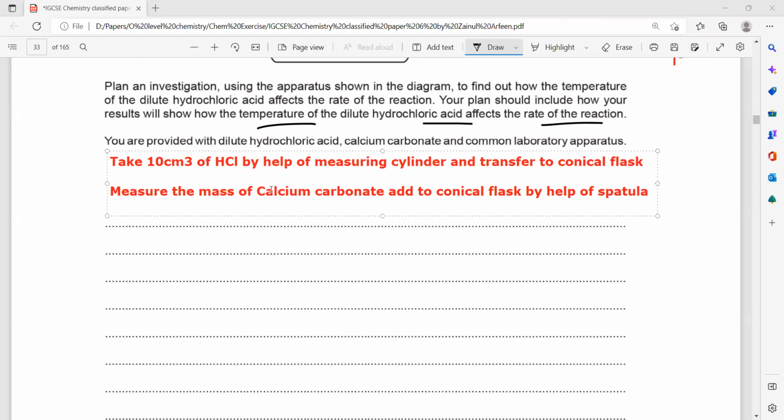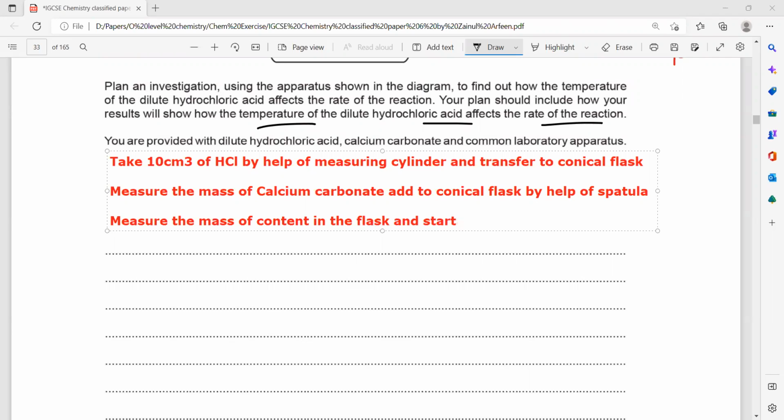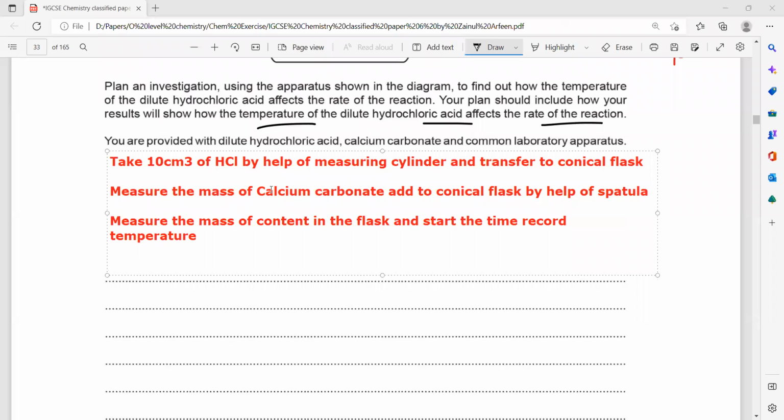So using a spatula, we can transfer the solid, then we measure the mass of the content in the flask and start the timer, and record the temperature.